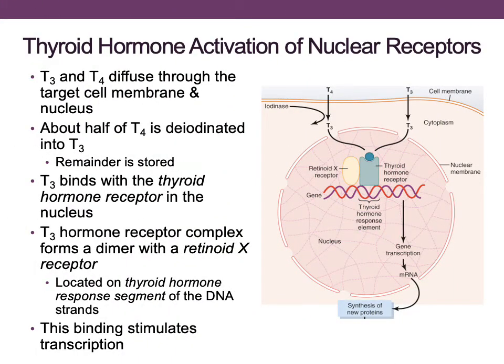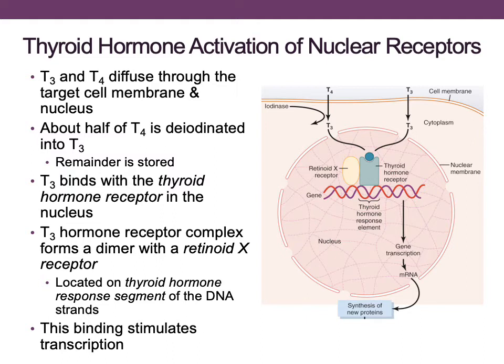Thyroid hormone activation of nuclear receptors. T3 and T4 diffuse through the target cell membrane and the nucleus. About half of the T4 that enters the cell is deiodinated into T3, and the remainder is stored. The T3 binds with a thyroid hormone receptor in the nucleus.